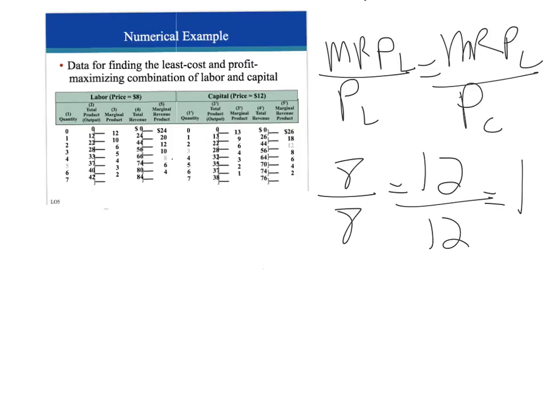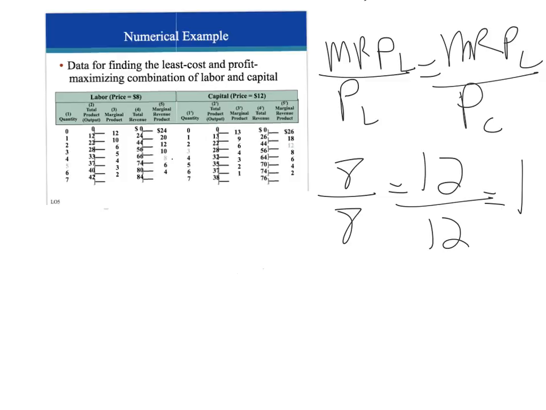And so 5 units of labor and 3 units of capital is a resource combination that will maximize profits. And we also see here that this combination also satisfies the least cost rule.